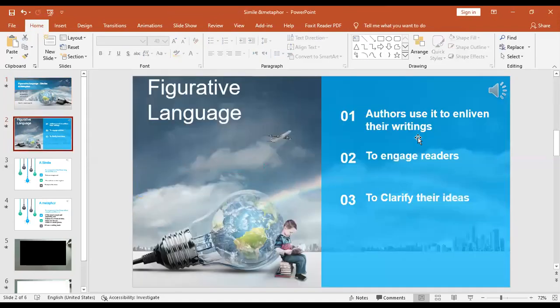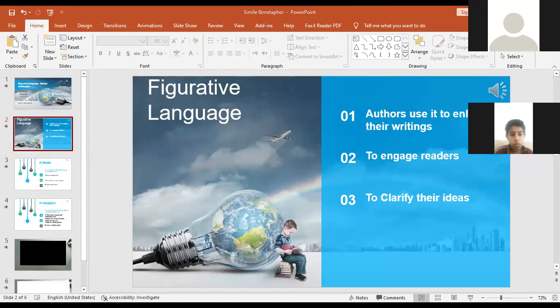What are simile and metaphor? Read them, please. Don't talk.